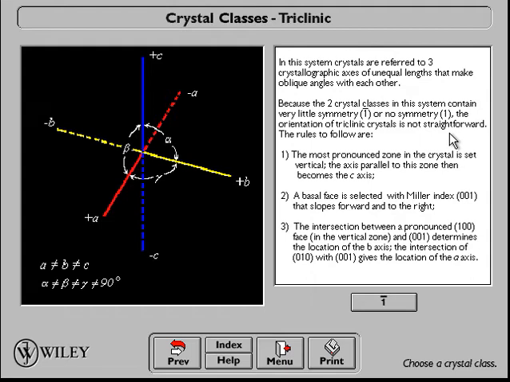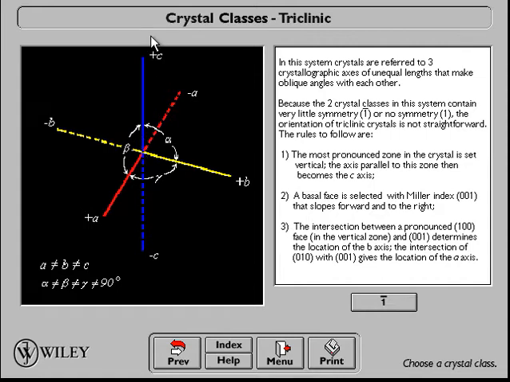The rules to follow are: the most pronounced zone in the crystal is set vertical. The axis parallel to this zone then becomes the z-axis. That is the z-axis, yeah?